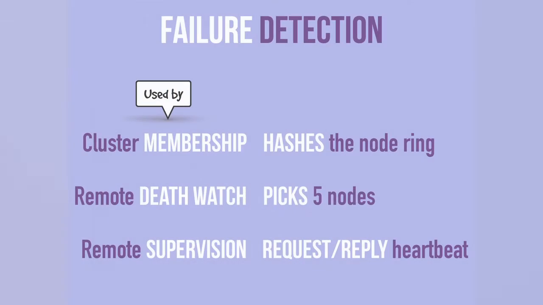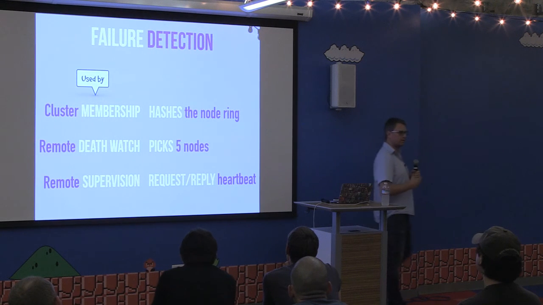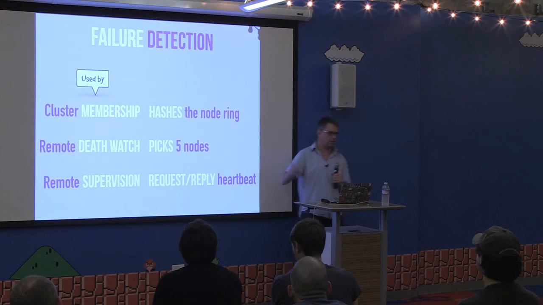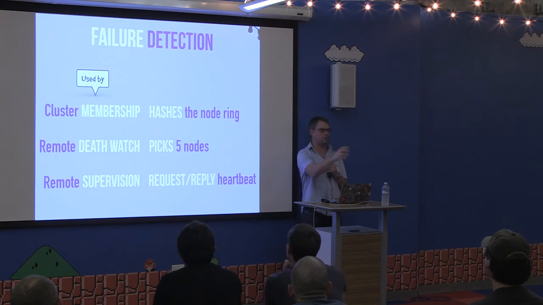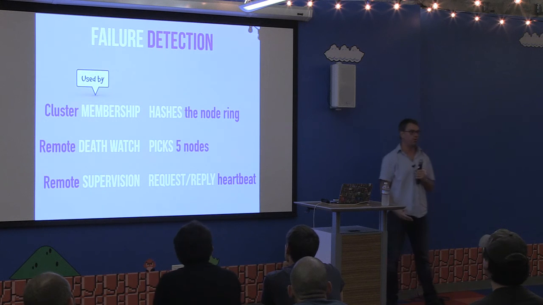And we use failure detection not just for cluster membership, but we also plug that in to do really reliable remote death watch and remote supervision. I don't know if you have used the failure model in Akka, in the actor model, but we have something called death watch, where you can actually watch how an actor is doing, and we have supervision, the parent-child relationship where you manage the failure and the health of your child.